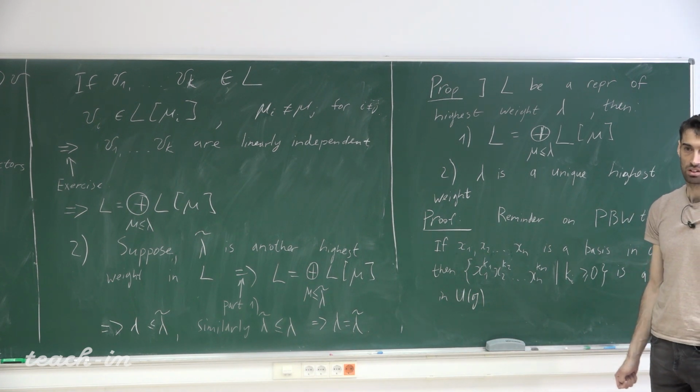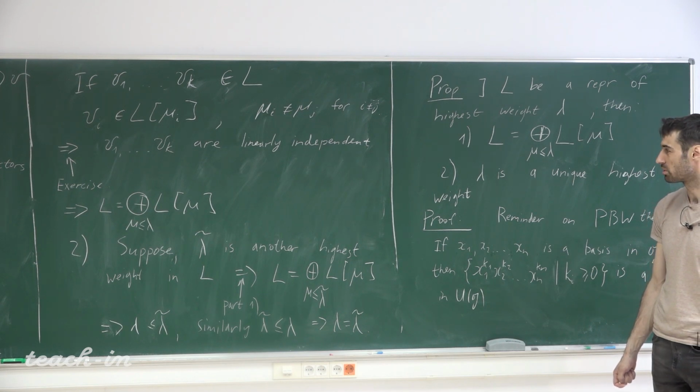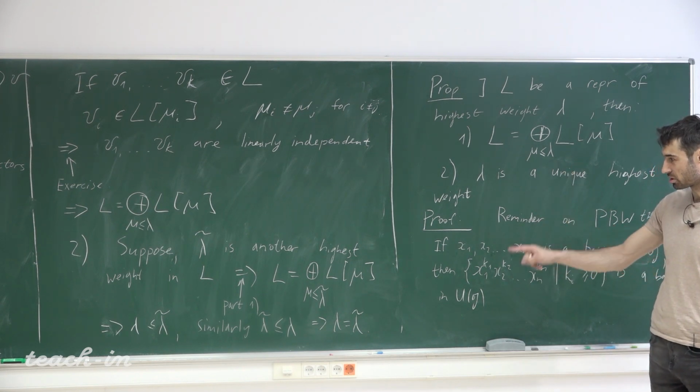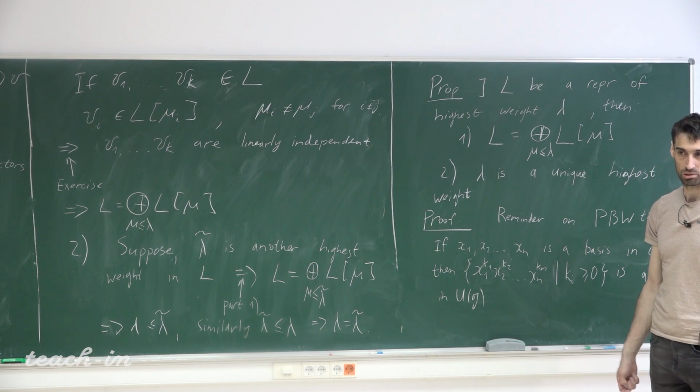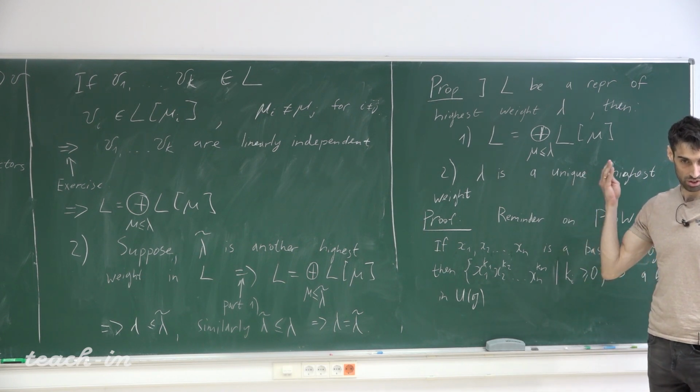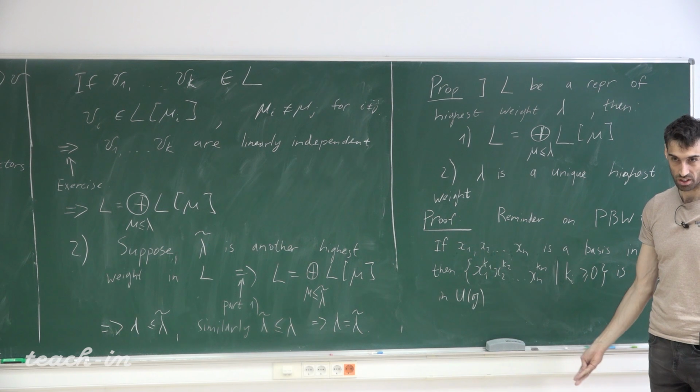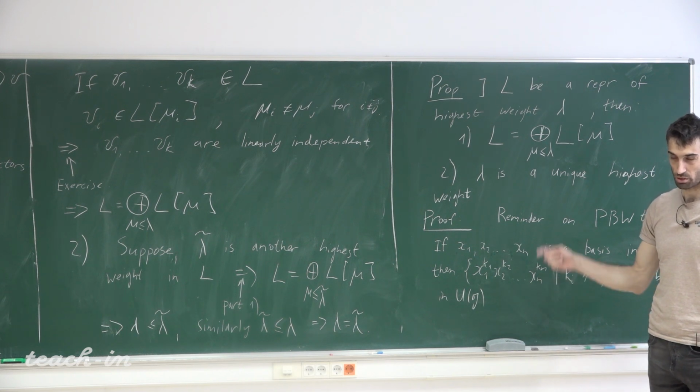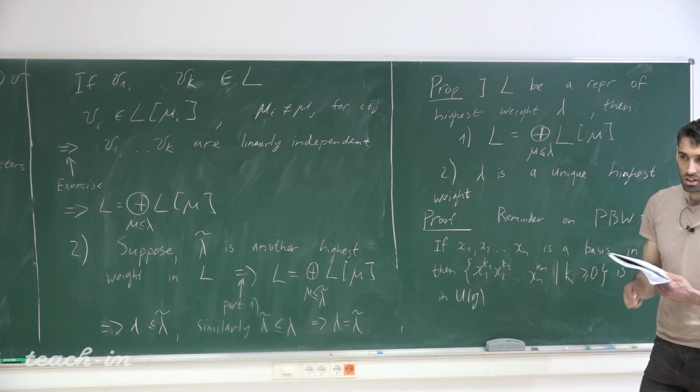So therefore, if I have a highest weight, then it's unique. This is an easy but important observation, because we would like to classify all irreducible finite dimensional representations, and they are all of highest weight.